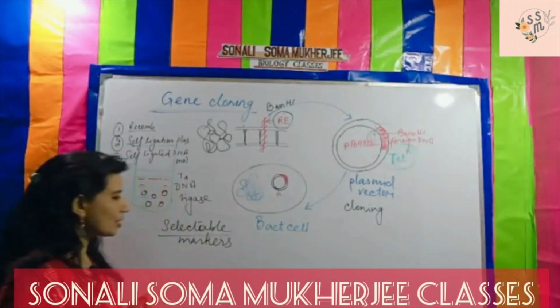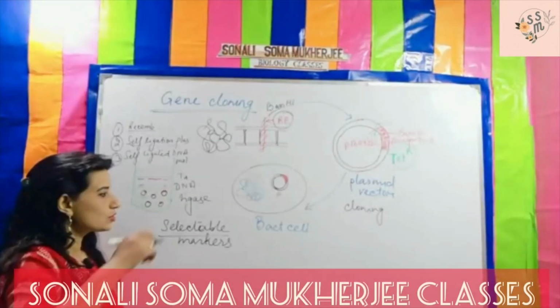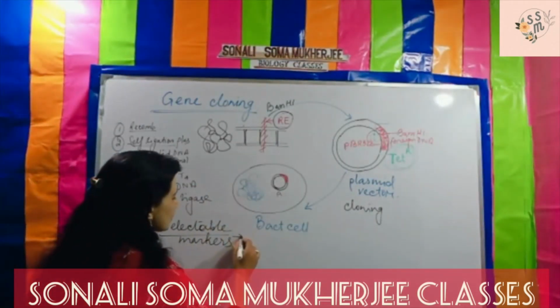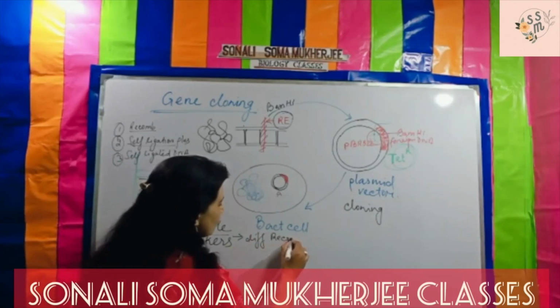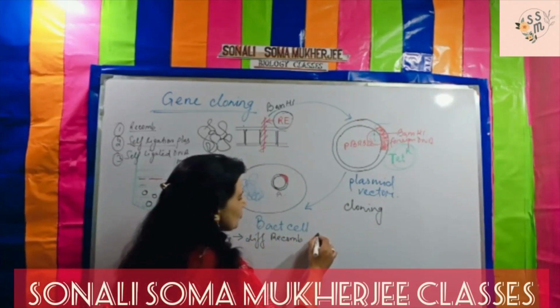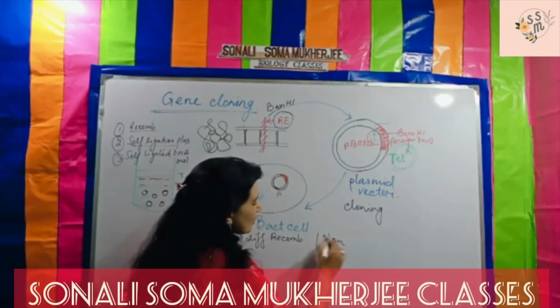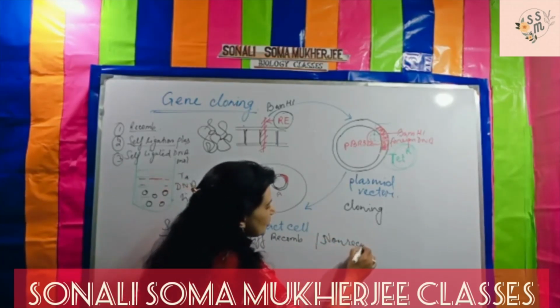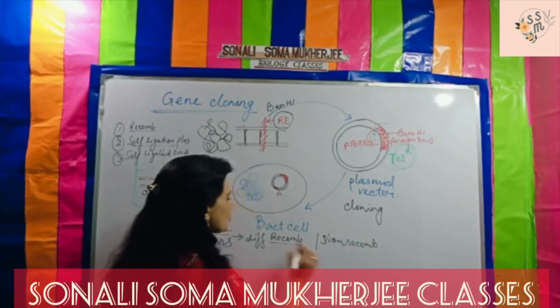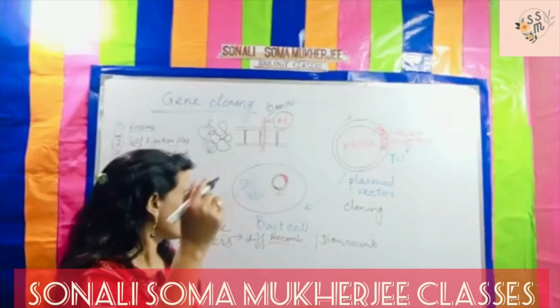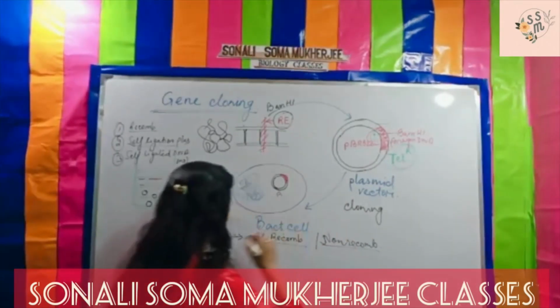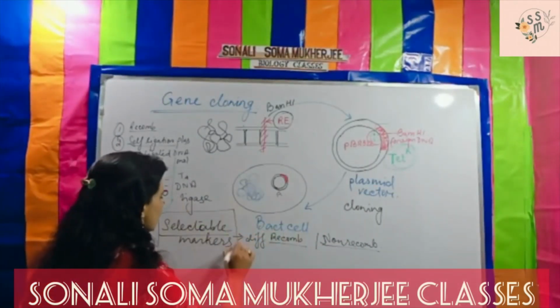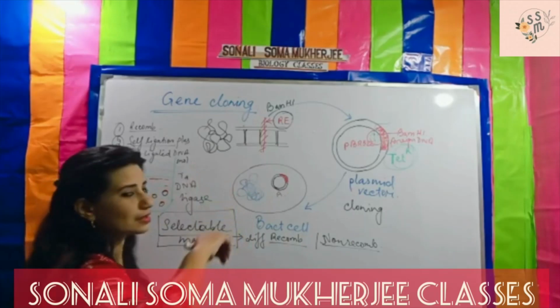So selectable markers are used to differentiate which is the recombinant and which is the non-recombinant. The recombinants will be carrying the foreign gene, we know this fact, and the non-recombinants are not carrying the foreign gene, and that work will be given to the selectable markers.